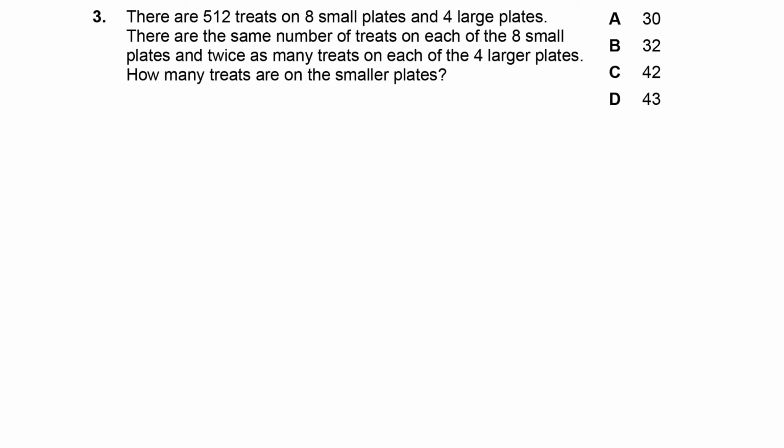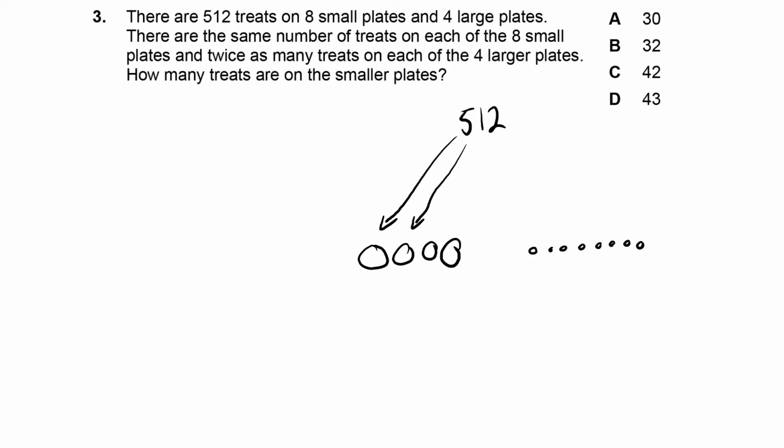To determine the number of treats on the smaller plates, I need to figure out how many treats are ending up on the larger plates as well. So we're taking the 512 treats and we're breaking them up into 4 large plates and 8 smaller plates. And now the amount that goes to each of the large plates is going to be the same.